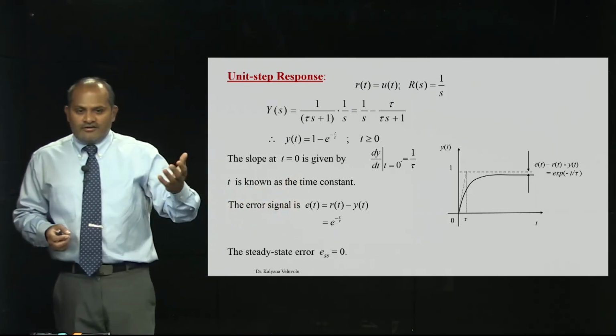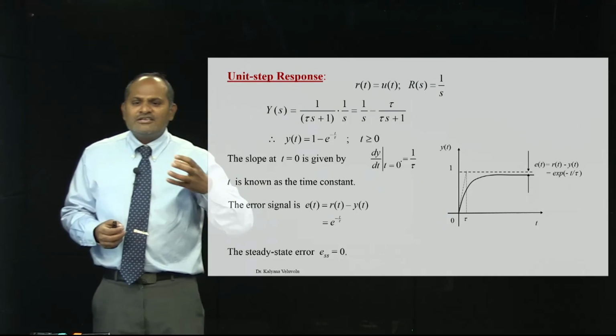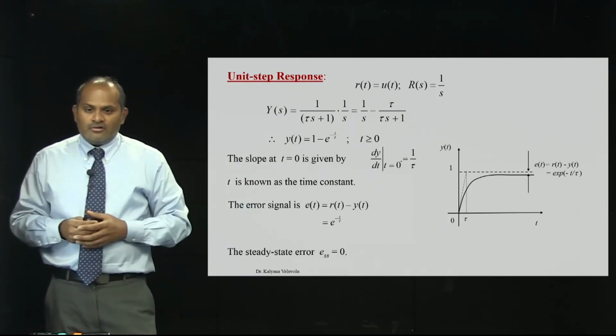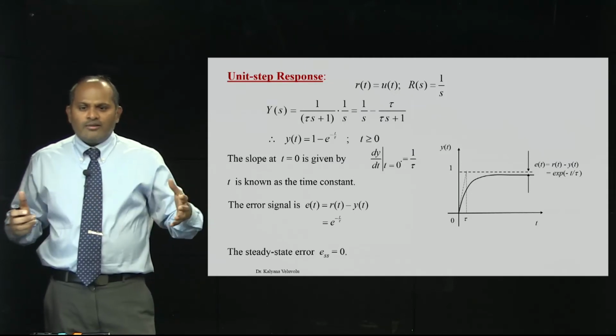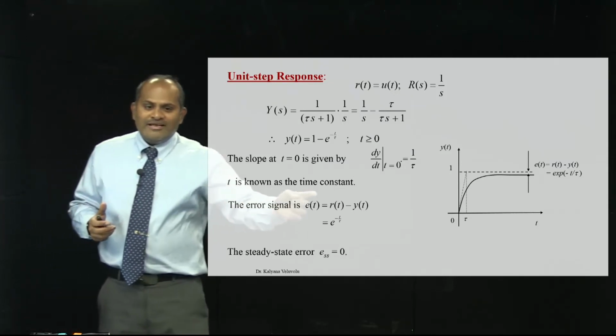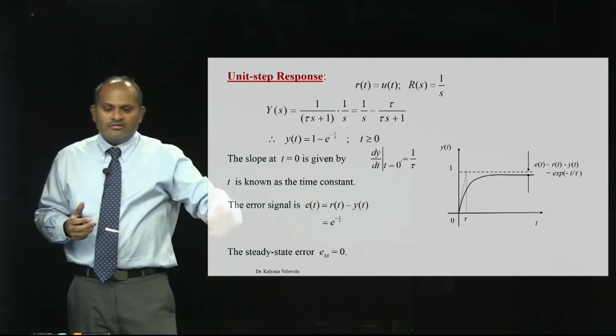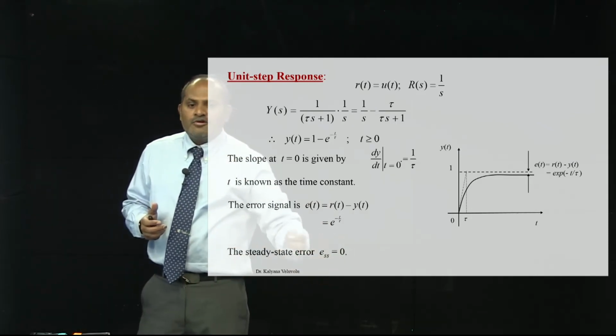The steady state error is when t tends to infinity, or when the time is large enough, which we call the steady state. After a long time, what happens to this error? When t increases, e power minus t by tau becomes a small value. So we call this steady state error equal to 0.